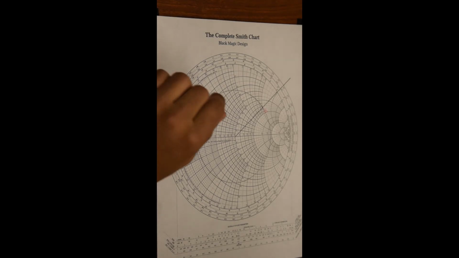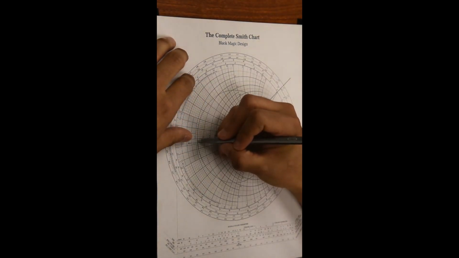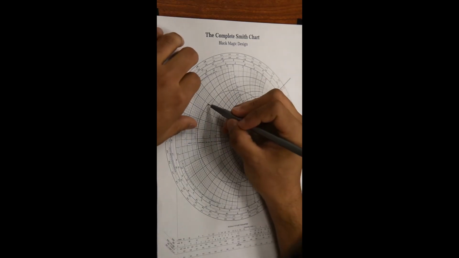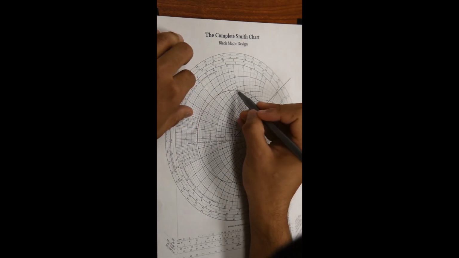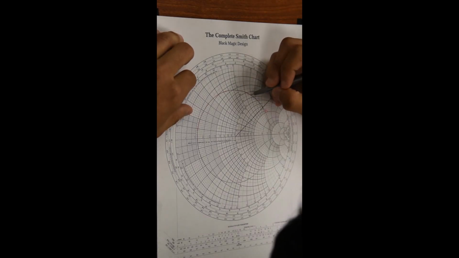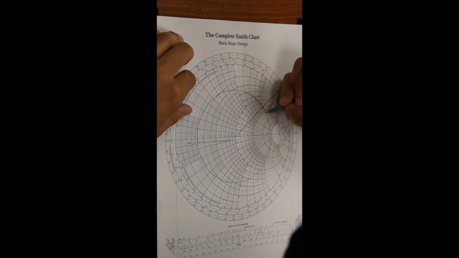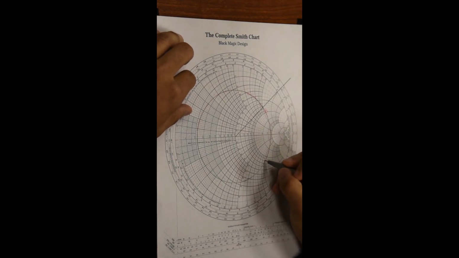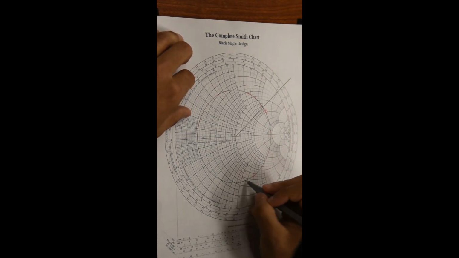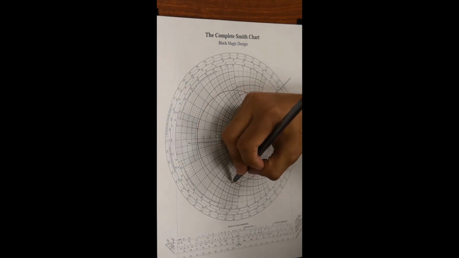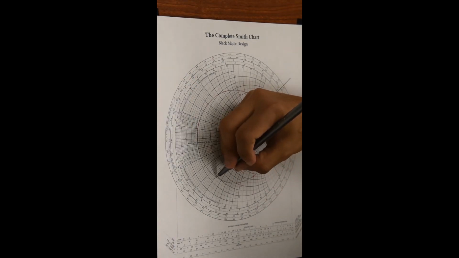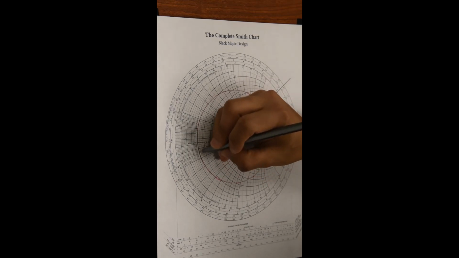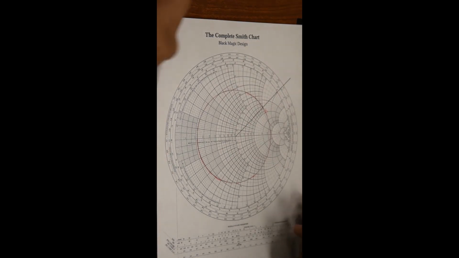Let me put some colors on the circle so you can see it better. And also on the line.